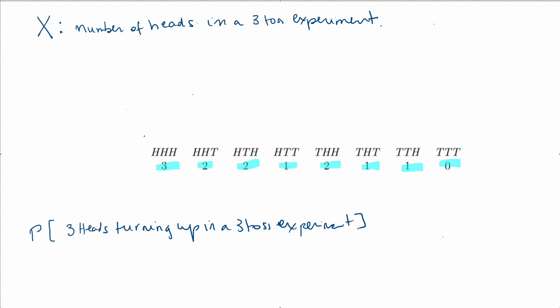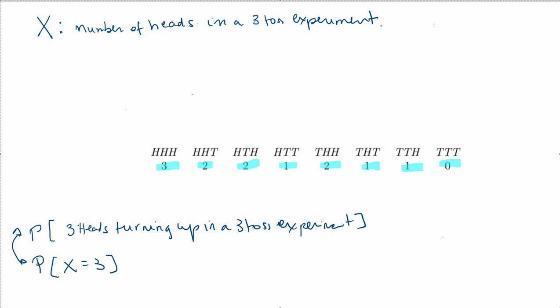So if I created this random variable named capital X here, and X is representing the number of heads in a 3-toss experiment, it would ease my notation just to ask for this. Right? So both of them are the same thing. One doesn't use a random variable, and the other one does.